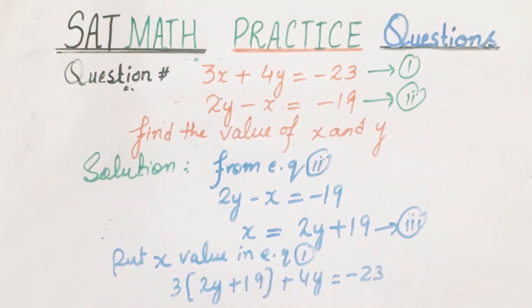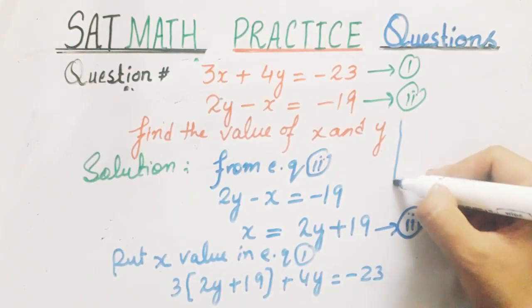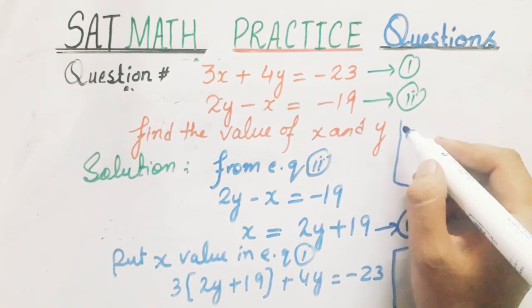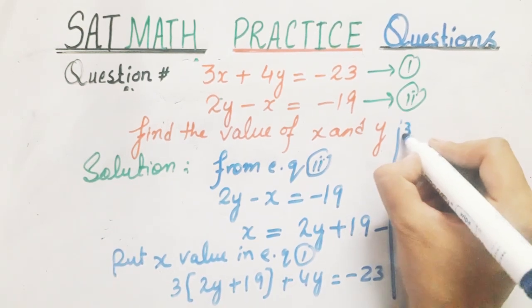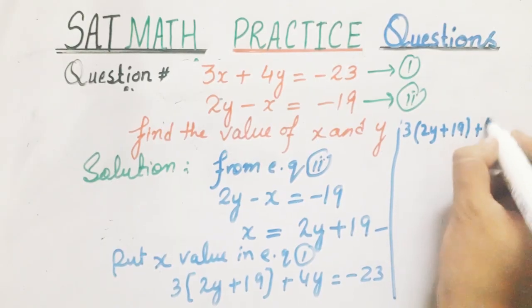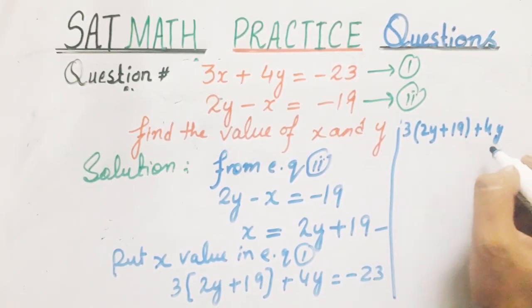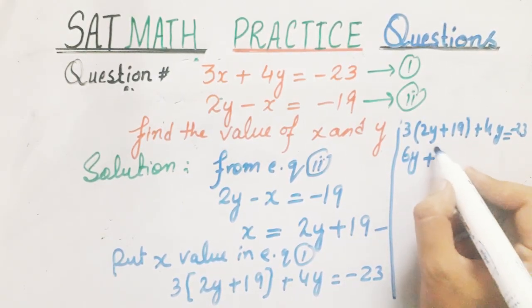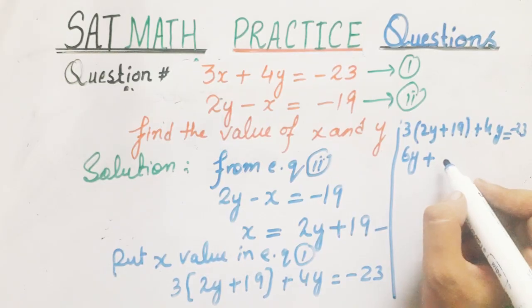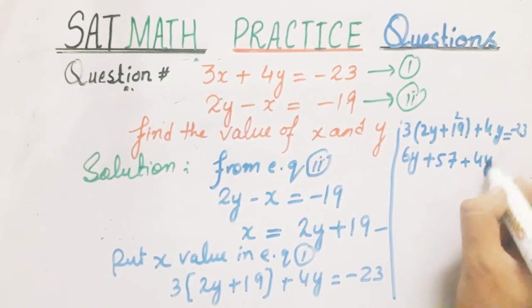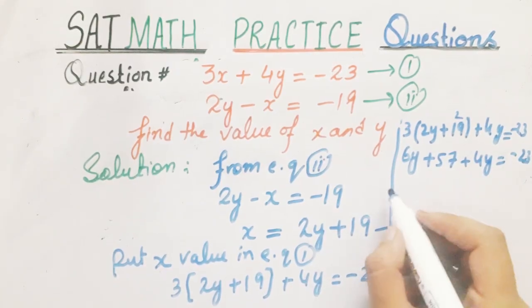So we will solve this further. Now 6y plus 3 into 19, which is 57, plus 4y equals minus 23.